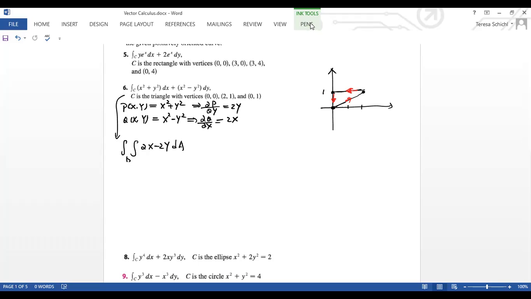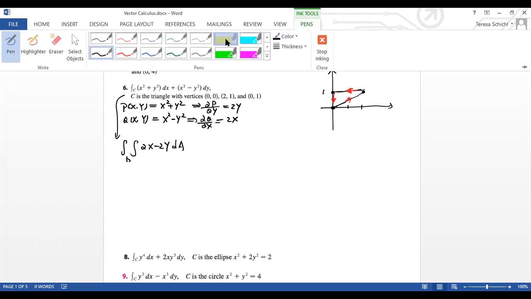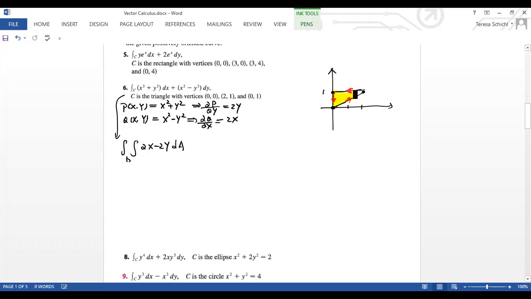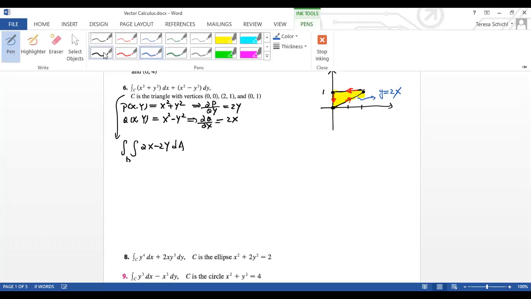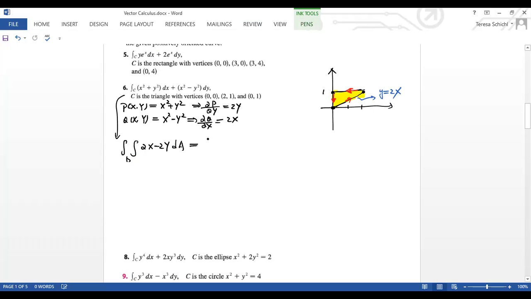Over D, then you do the dA. You want to integrate over this region. So I know these lines here, right? So this one is y equal to 2x, right? Okay, so now you can go back to what we learned in Calculus 2.